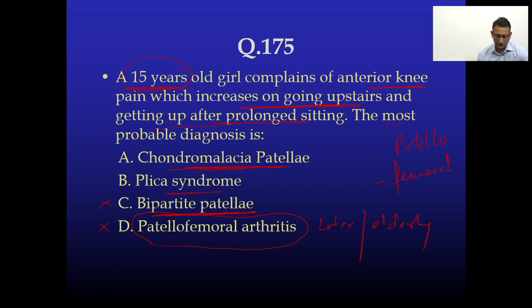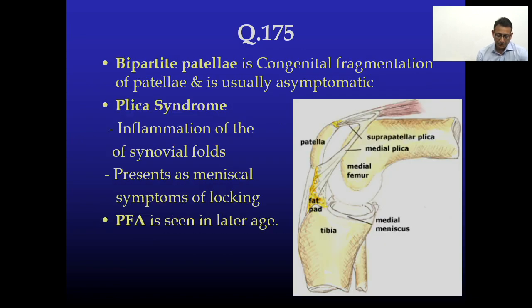Now let's have a look at what chondromalacia patellae and plica syndrome are. Bipartite patella is a congenital fragmentation of the patella and is usually asymptomatic. What is a plica? Plica is nothing but folds of the synovium, which could be in the suprapatellar pouch, or attaching the patella to the femoral condyles.